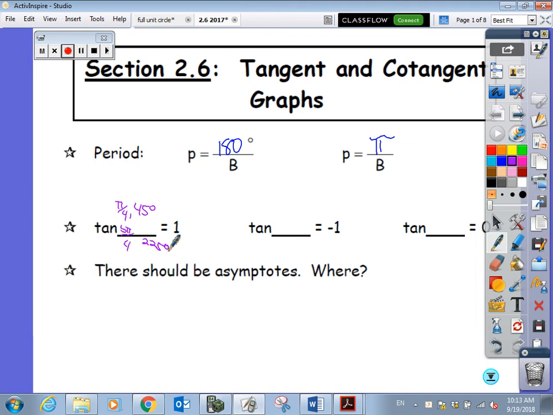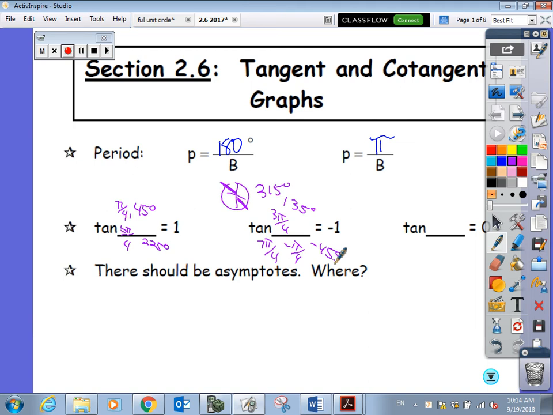That's going to be over here and down here. So we could say 3 pi over 4, 135 degrees. 7 pi over 4, 315 degrees. We could go negative pi over 4, negative 45 degrees. All of those angles are coterminal, so they would all make that true.